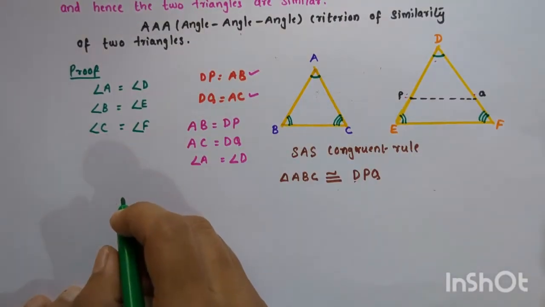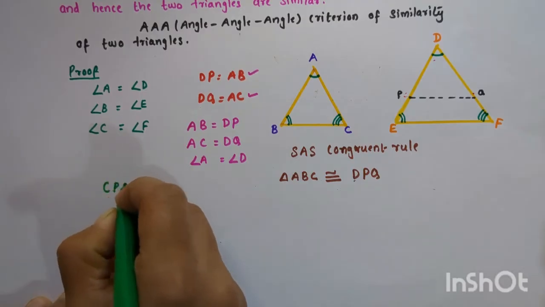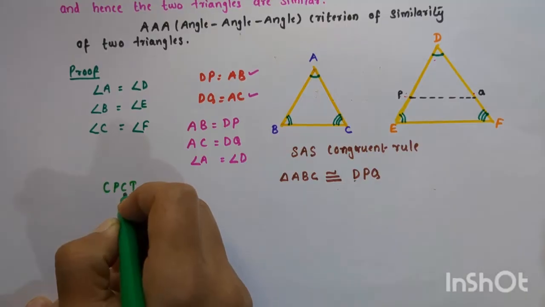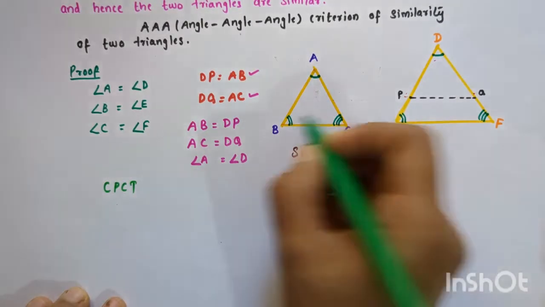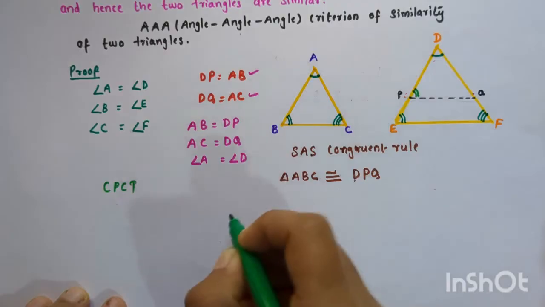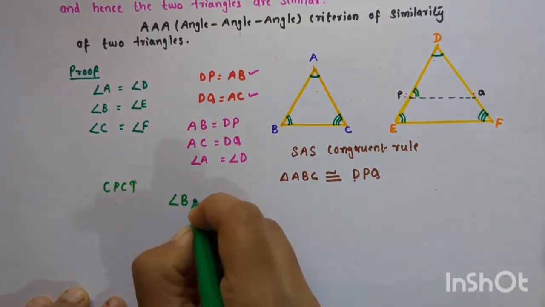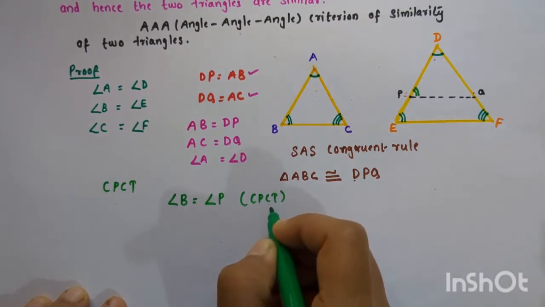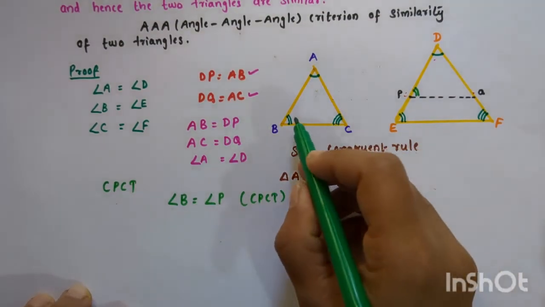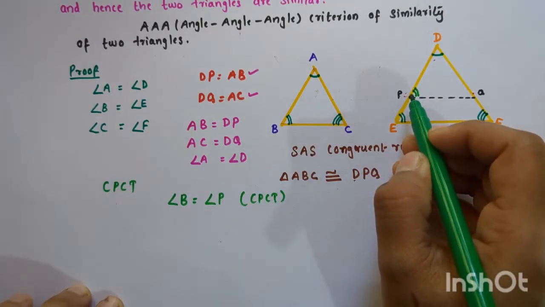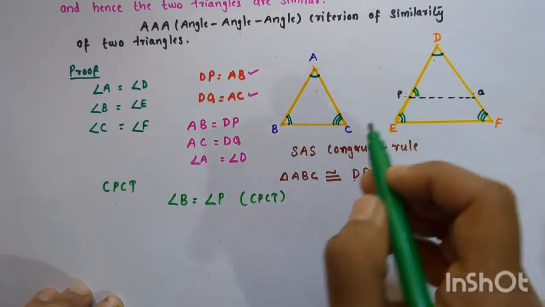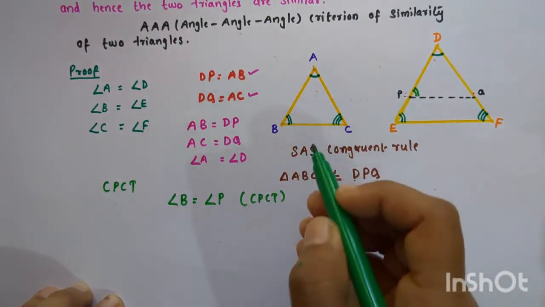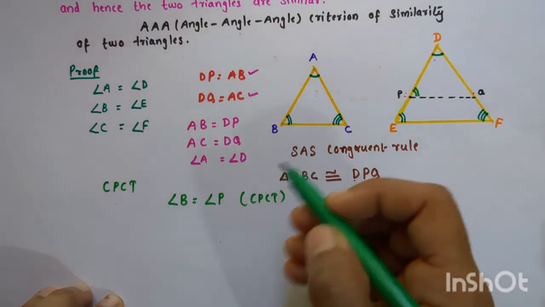Now, by CPCT, that is, corresponding parts of congruent triangles, we can write angle B is equal to angle P. When two triangles are congruent, their corresponding parts are equal, that is, the lengths of their sides and their angles.